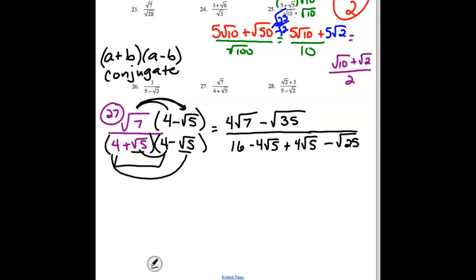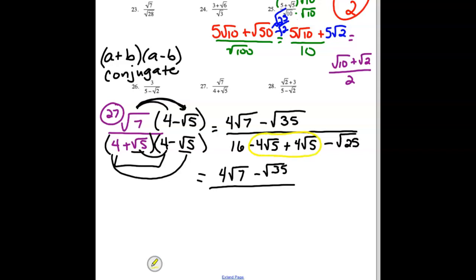Now, cleaning this up a little bit. For the numerator, there is a square root of 7. There's no perfect square factors that go into 7, so it's going to stay 4 root 7. There's no perfect square factors of 35, so we have to leave that one as well. In the denominator, notice that we have a negative 4 root 5 and a positive 4 root 5.